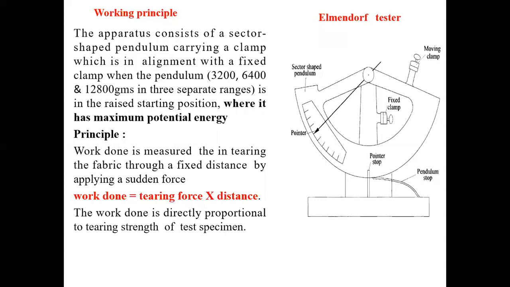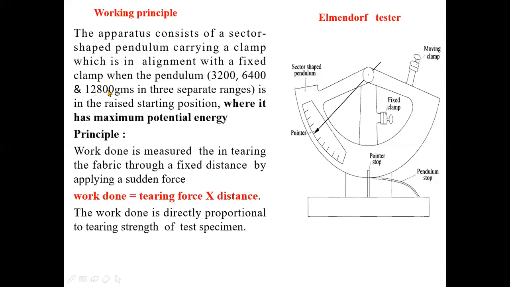Now, depending upon the type of the fabric, three types of weights are used. One is 3.2 kg, another is 6.4 kg, another is 12.8 kg. So depending upon the type of fabric, we have to use the appropriate type of pendulum. Always remember that a very light fabric should not be tested using a heavy weight.